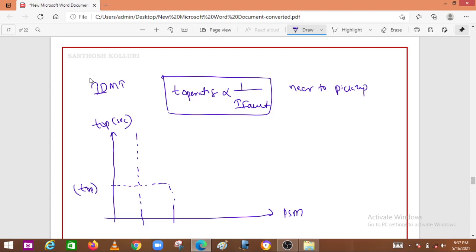So in this case the instantaneous relay operates instantaneously, but the definite time overcurrent relay operates by taking a certain time lag.